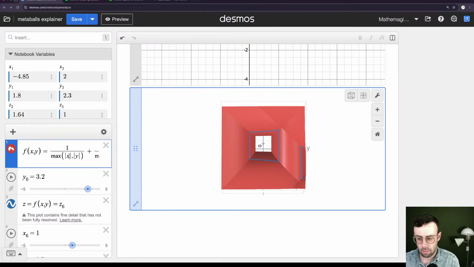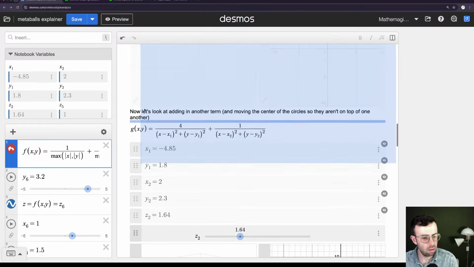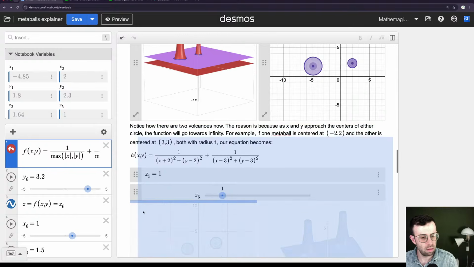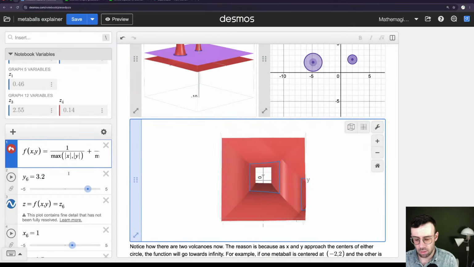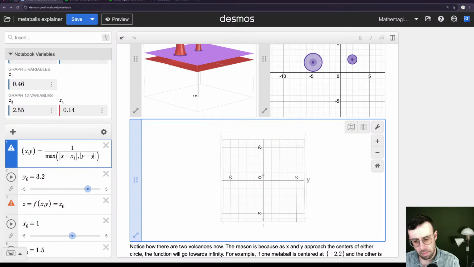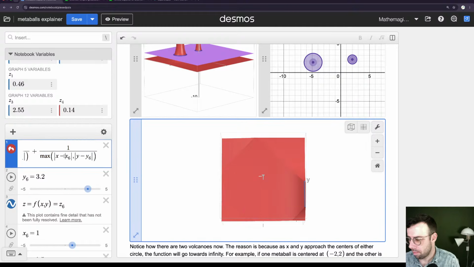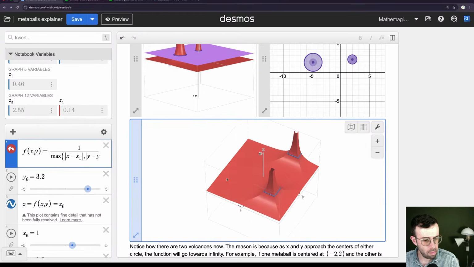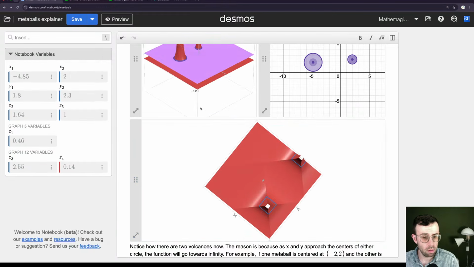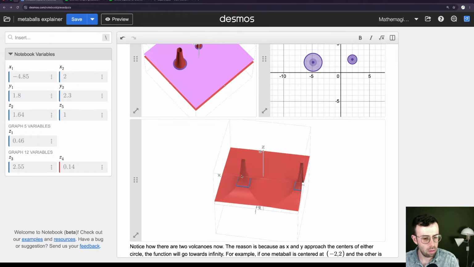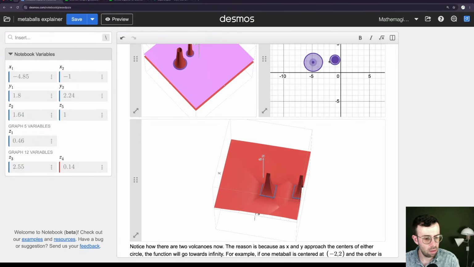Ooh, you know what? Let's use x1 and y1. And then once we meta squares.